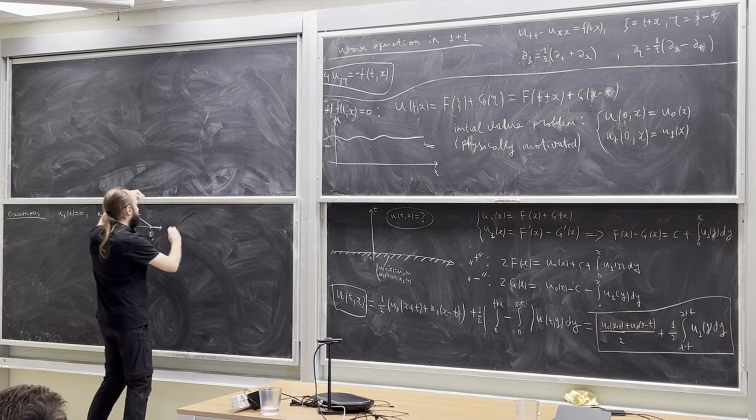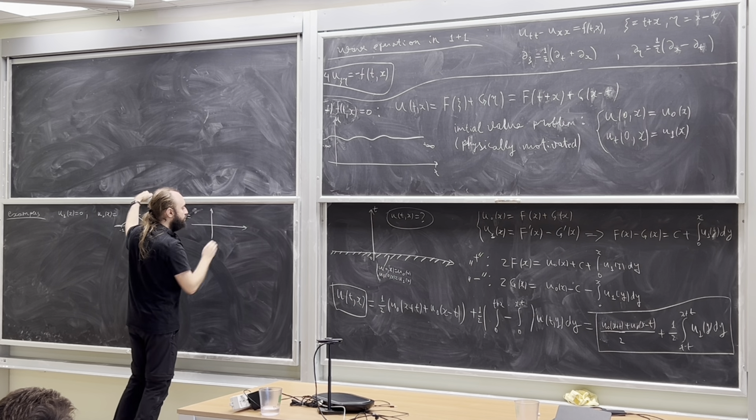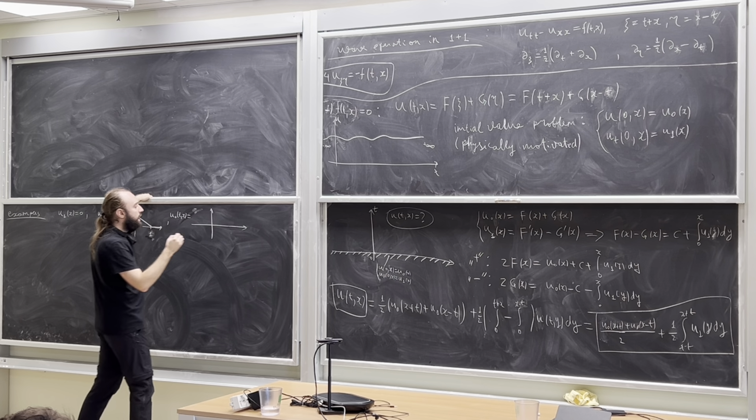So u of t and x is a sum of two functions.